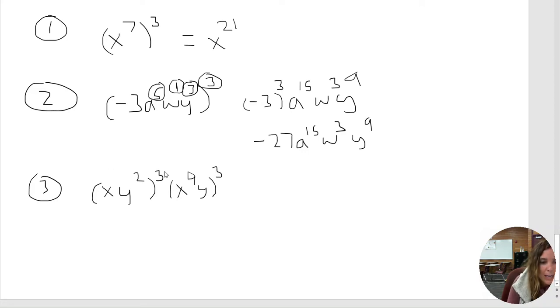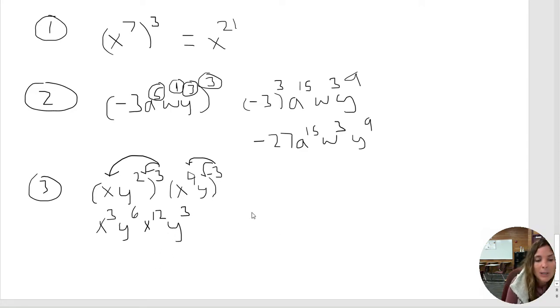So step 1 is to distribute this exponent to both of these. So this needed to be x to the 3rd, and then y to the 2nd raised to the 3rd is y to the 6th. And then for this one, you need to distribute this exponent to both of these. So that becomes x to the 12th, y to the 3rd.